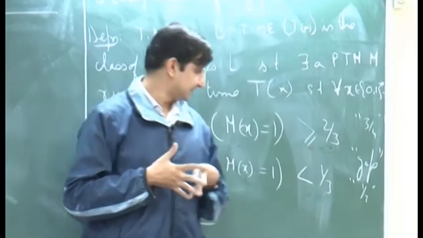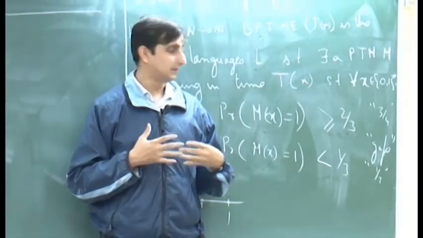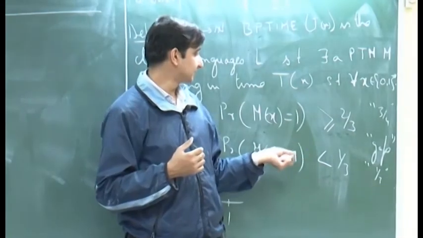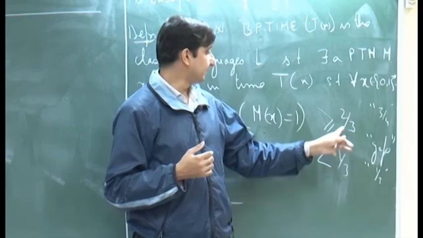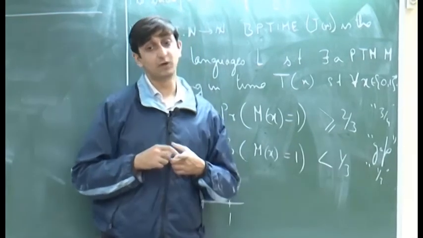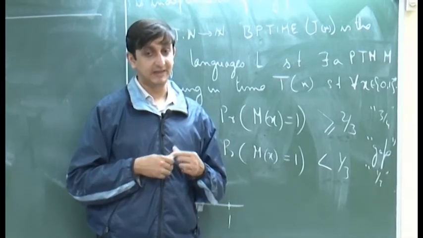So, this still does not say that you cannot do it, but the usual way of showing that 2/3 and 1/3 can be replaced by any constant does not work for any constant that is on the same side of half. So, that argument does not work.